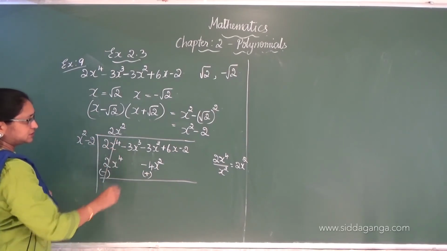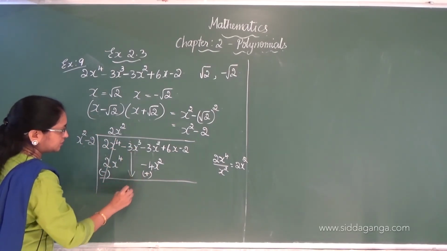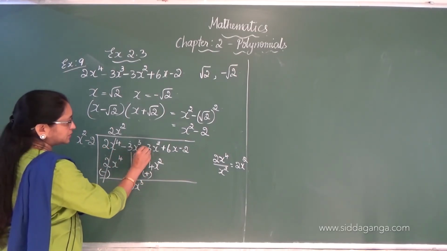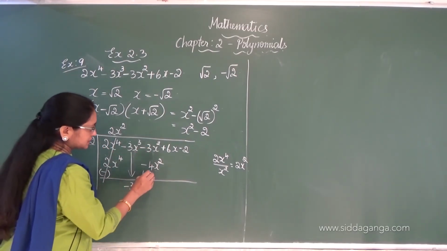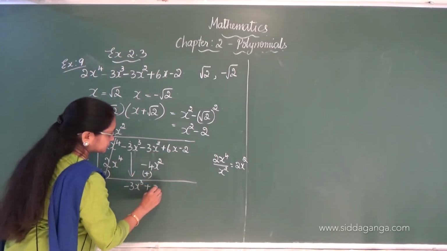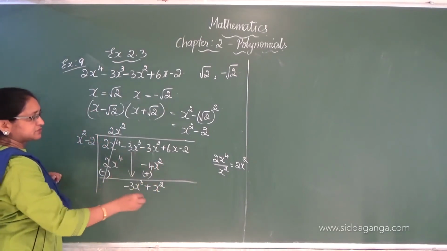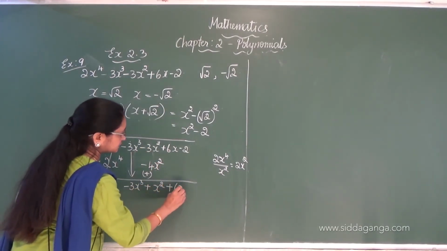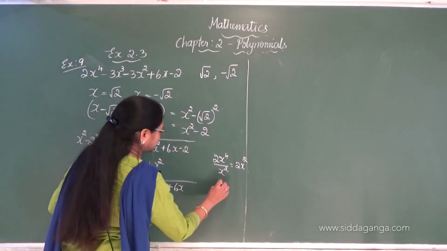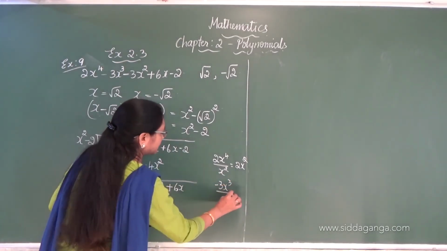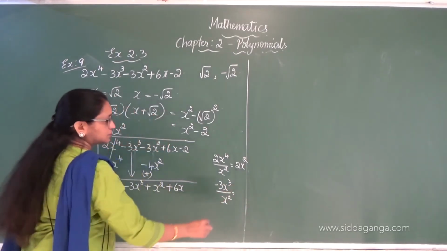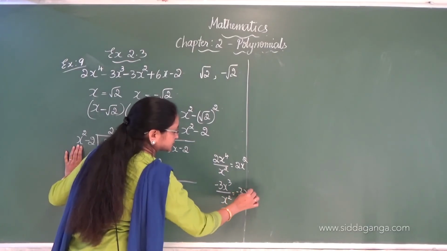So this gets cancelled. This as it is you have to take it down, minus 3x cube, and here minus 3x square plus x square, you have to find out the difference, plus 6x. Now, what is the next term? See, minus 3x cube by x square, you will get minus 3x.